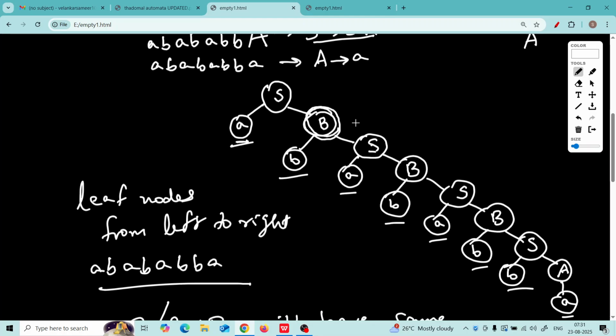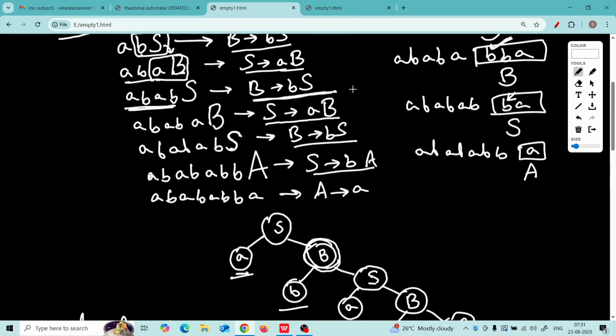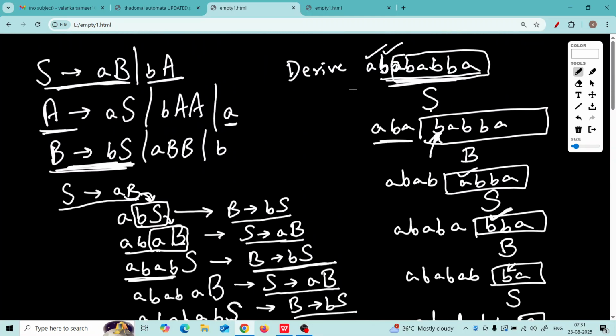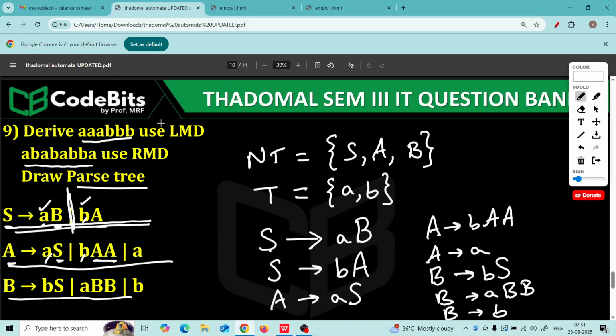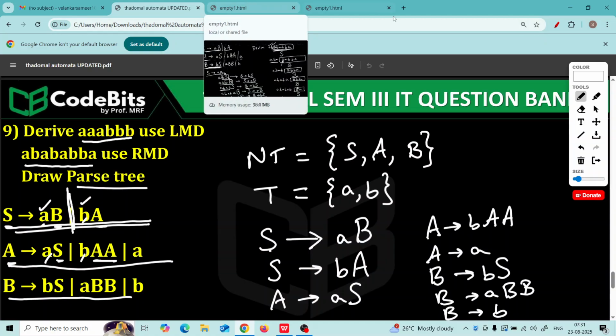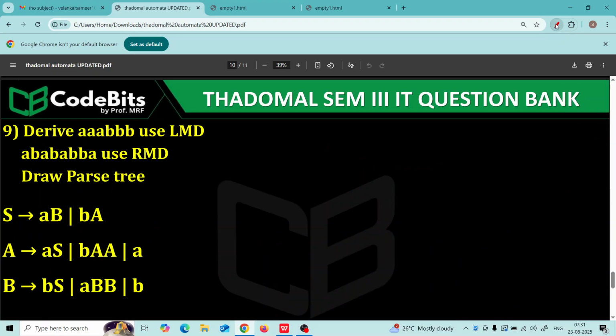By the way, just check. We had our first string that we wanted to derive, correct? Recall what the first string was. The first string we wanted to derive using LMD was aaa. I am drawing the parse tree for aaa.